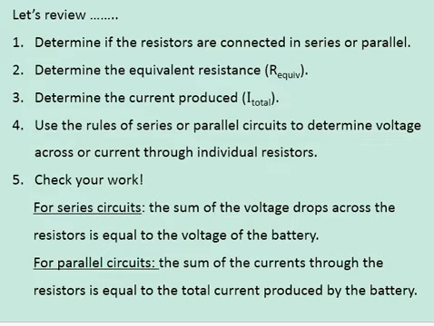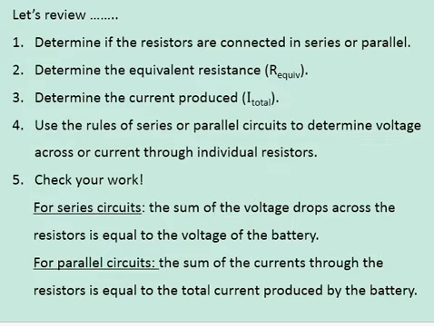Determine the amount of current produced by the battery based on that equivalent resistance. Alright, if you're going in a series circuit, that current's going to be that current through every resistor. If you're going through a parallel, that current's going to divide up, and some's going to go through each resistor. The one with the least resistance will get the most current. The one with the most resistance will get the least current.